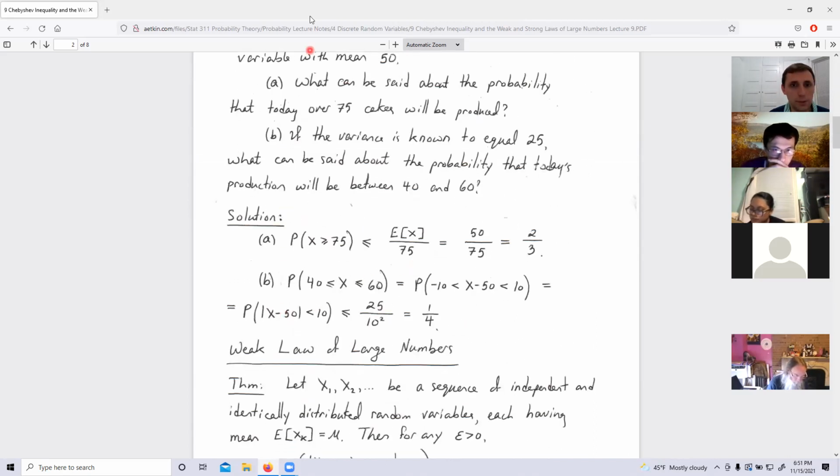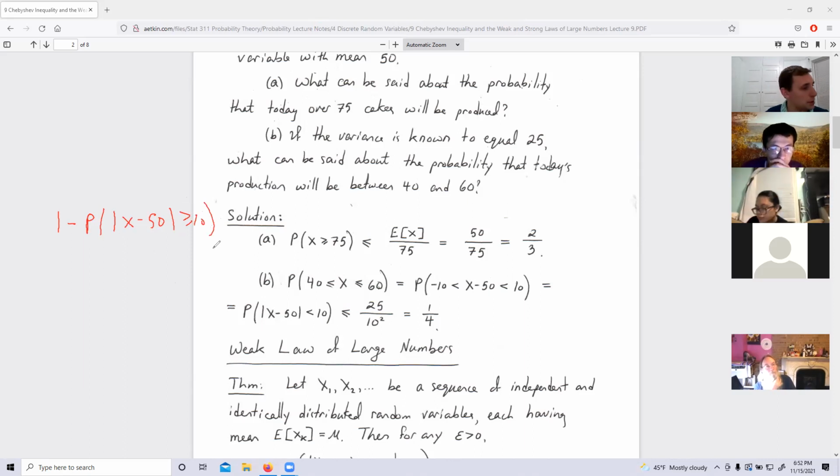So this probability is 1 minus the probability that X minus 50 is bigger than or equal to 10, yes?